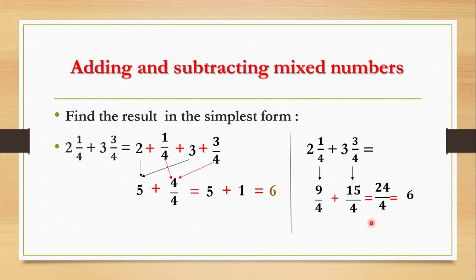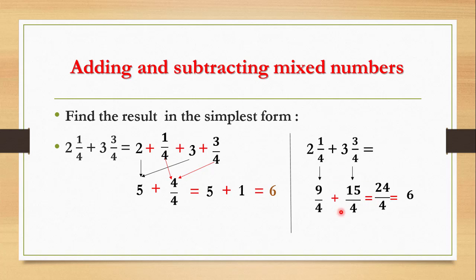Okay? So, in the case of addition, if you want to add two mixed numbers, you can add the whole numbers together and the fractions together, then add the results, or you can convert them to improper fractions, then add them.